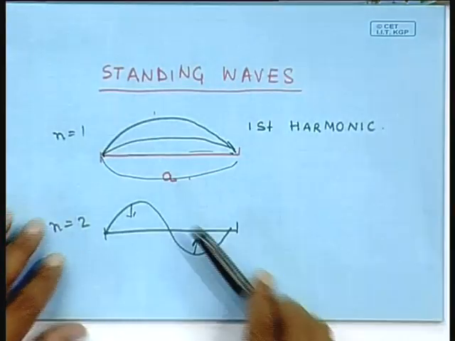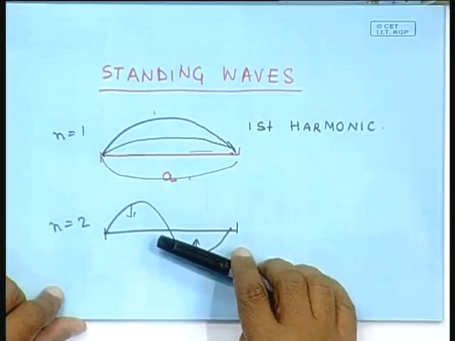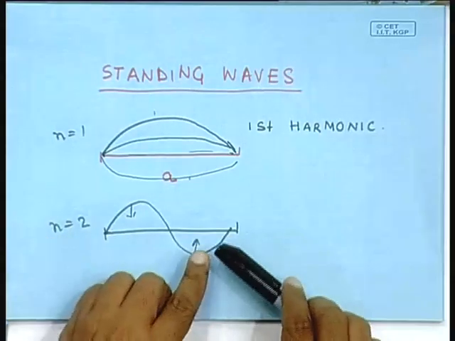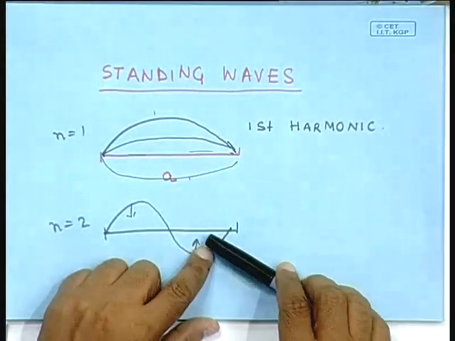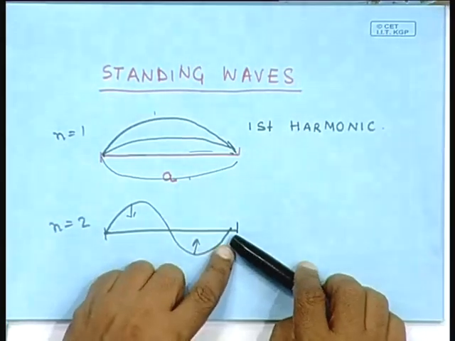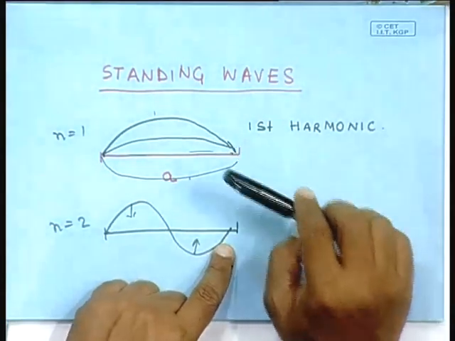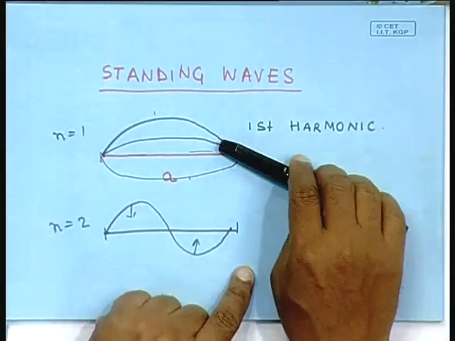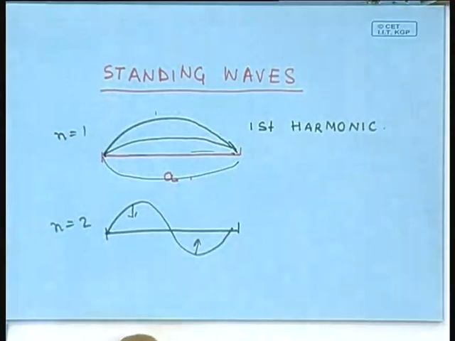But if you ask how the angular frequency of the standing waves increases, you'll remember that the angular frequency increases proportional to n. For a standing wave, the second harmonic has a frequency which is exactly double the frequency of the first harmonic. The third harmonic has a frequency which is 3 times the frequency of the first harmonic, and so forth.